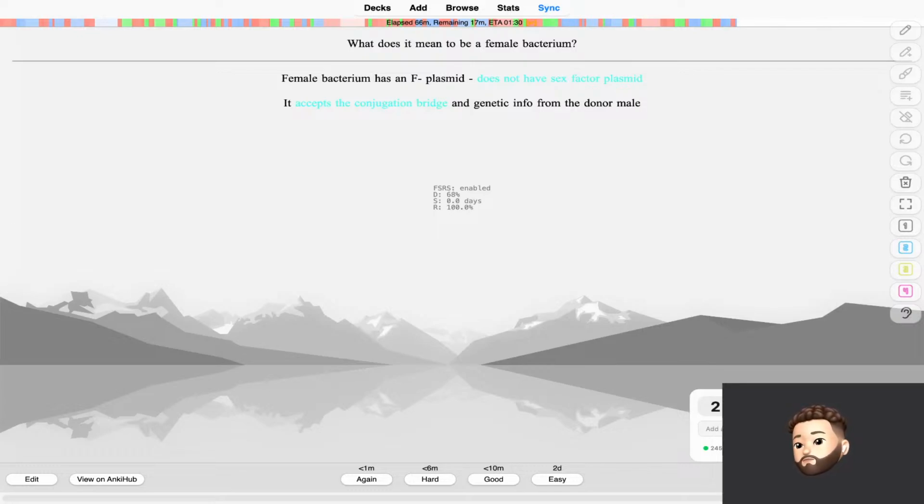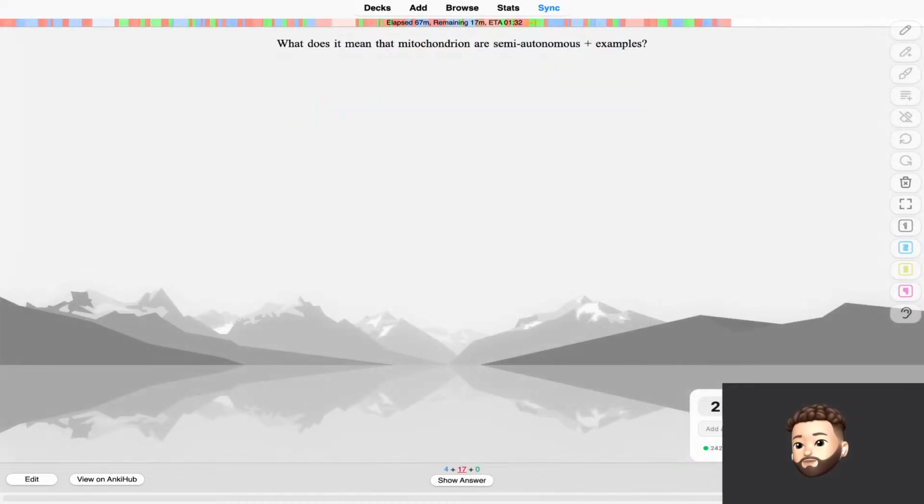Does the female bacterium have an F minus plasmid? No, it does not have the F minus plasmid. I don't know why it said that. That's strange.